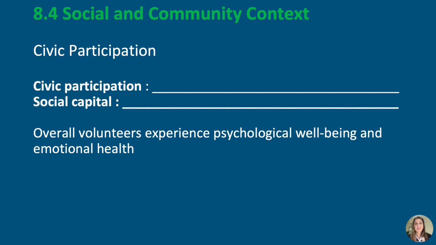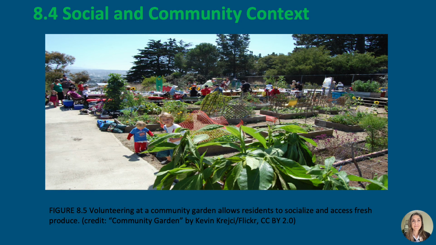And overall, volunteers experience psychological well-being and emotional health. So being able to participate in these things actually improves health and well-being. So here, looking at the social and community context, volunteering to have a community garden, right, to improve access to nutritious food. And we see here a range of ages participating.